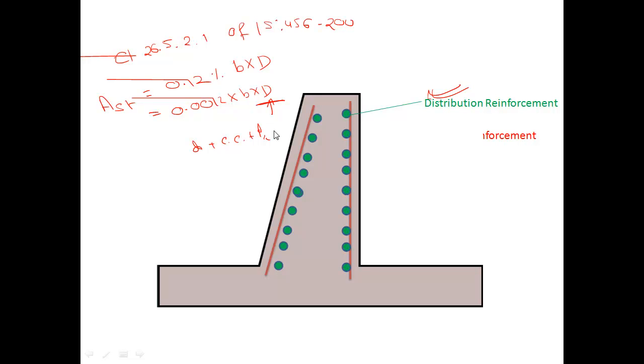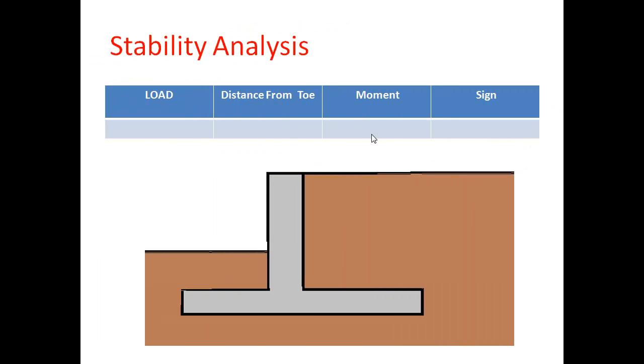Okay. This is the distribution reinforcement which is perpendicular to the plane. Now after we found out the stem width, we will do a stability check. It is better to do the stability check in tabular form. Here we will write the load of different parts.